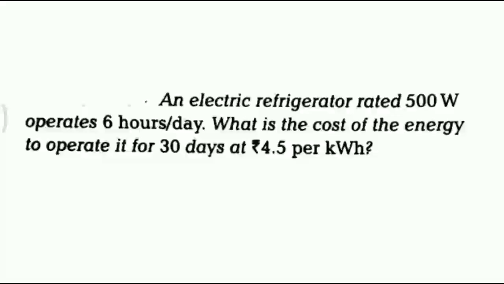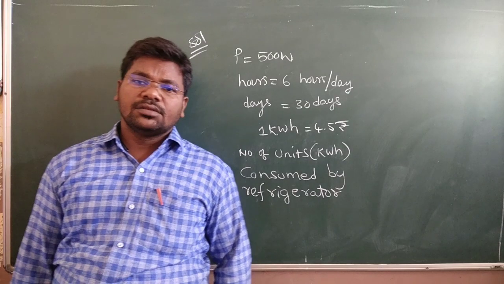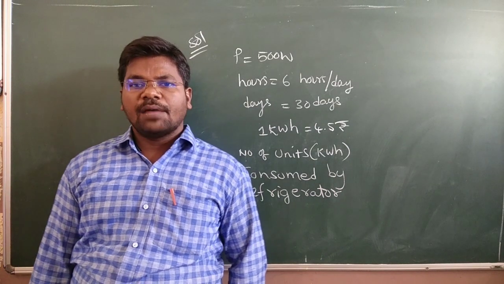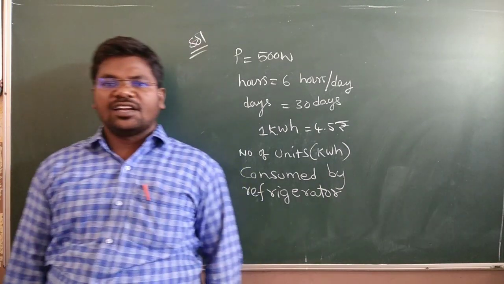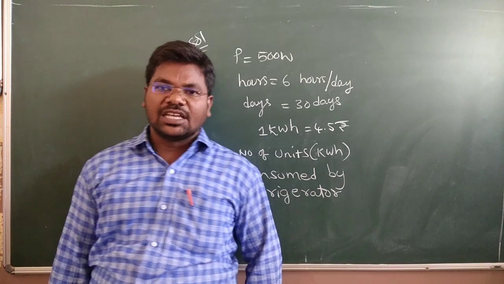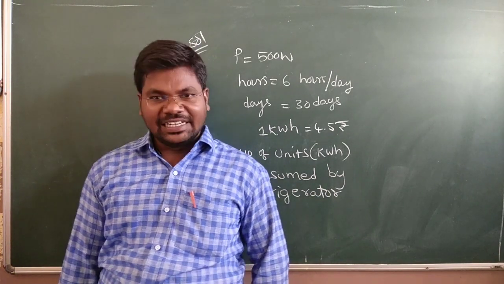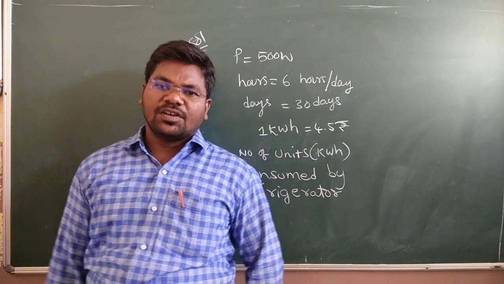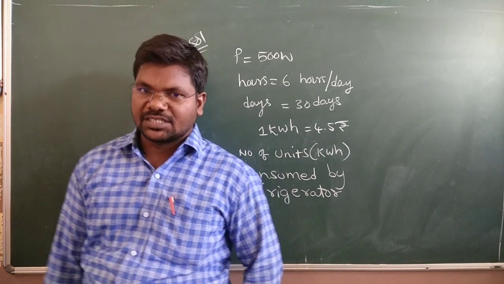An electric refrigerator rated 500 watts operates 6 hours per day. What is the cost of the energy to operate it for 30 days at 4.5 rupees per kilowatt hour? In the problem they have given power 500 watts, 6 hours, 30 days, and the amount for 1 kilowatt hour is 4.5 rupees.